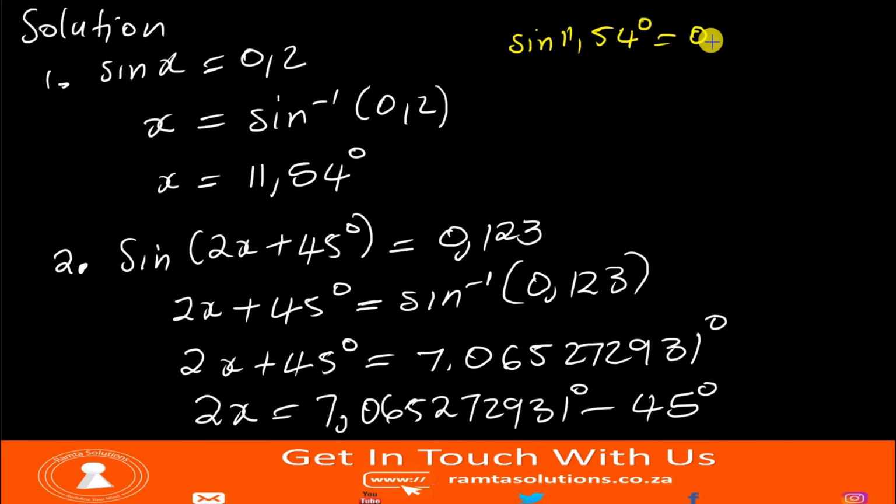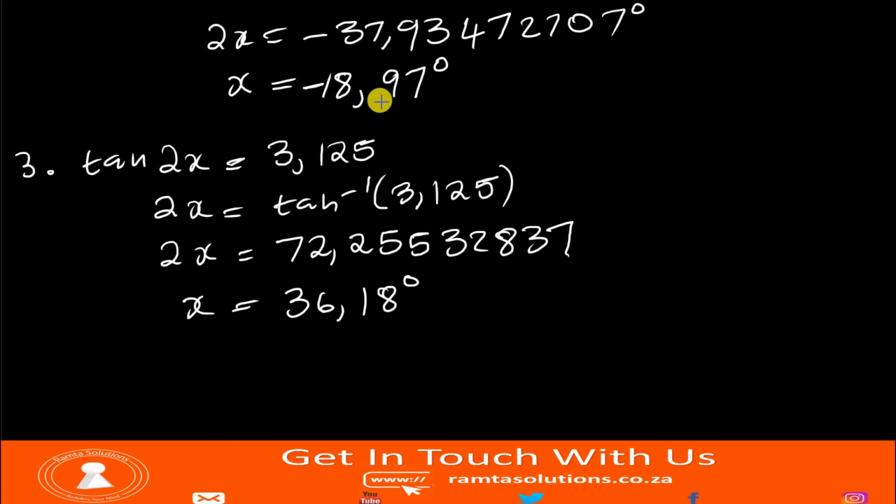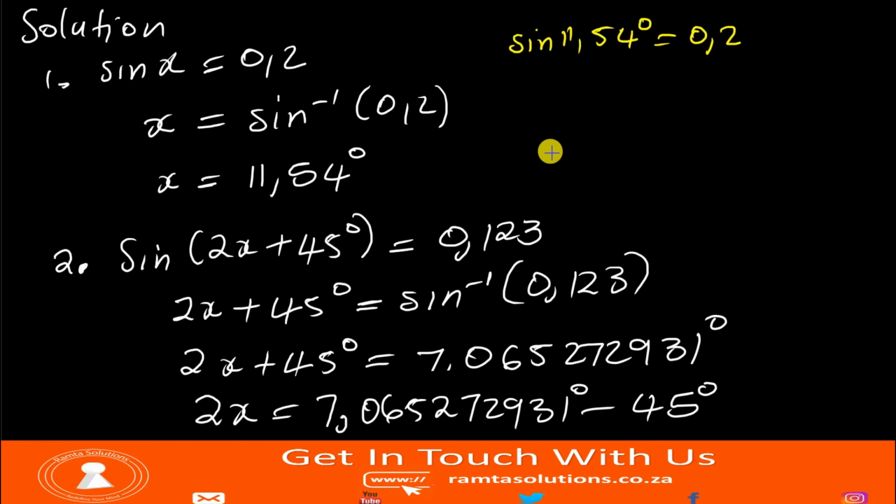My calculator returned something like 0.200, but hello, if I round it off to 1 decimal place like depicted here, I'm getting 0.2. Can you see that? Good. Now, I want us to confirm this one here. Sine 2x plus 45. We found the value of x to be negative 18.97. Let's confirm it.